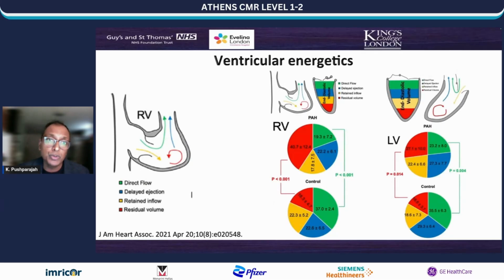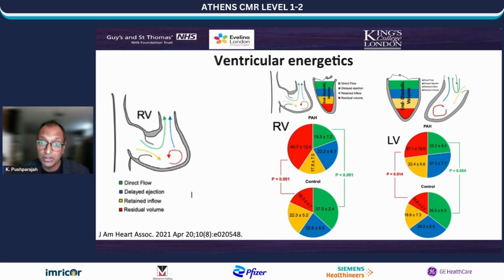You can also look at ventricular energetics when you fill the heart with blood. An efficient heart shouldn't have too much blood hanging around. So what they looked at in this group is the direct flow, which is a marker of energy efficiency, which you can see on the right-hand side. In the green on the pie chart above is patients with pulmonary arterial hypertension.